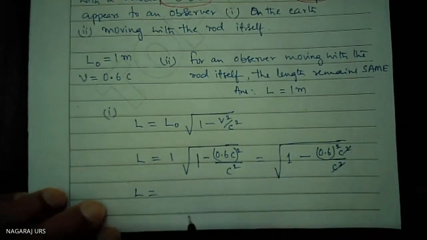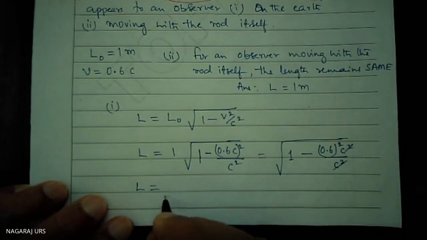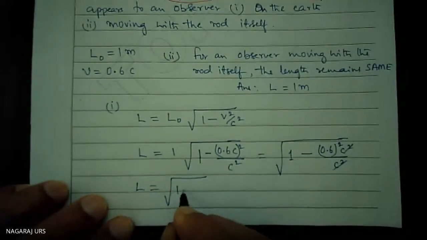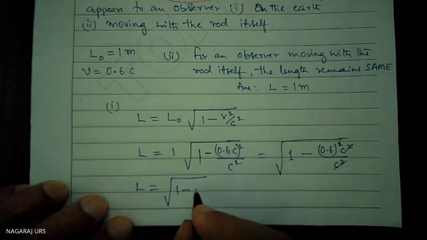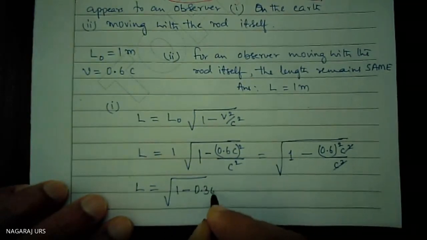Therefore, L is equal to the square root of 1 minus 0.6 square, which is 0.36.